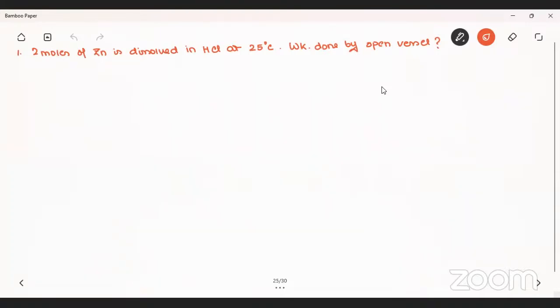Do you all remember the last class formulas, or should I write them down for you?